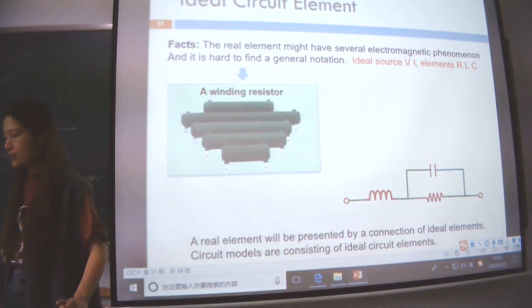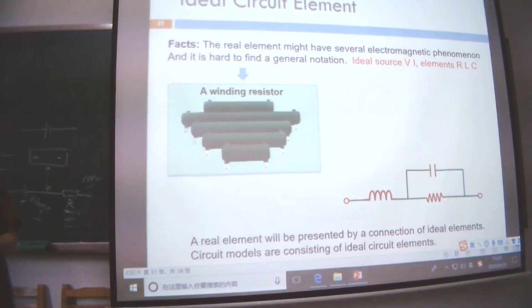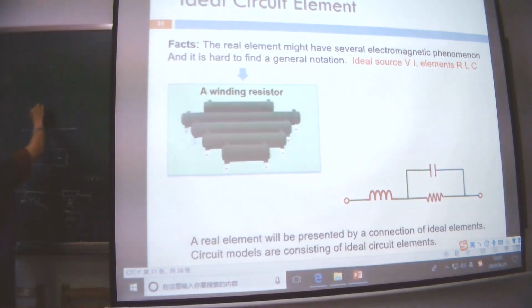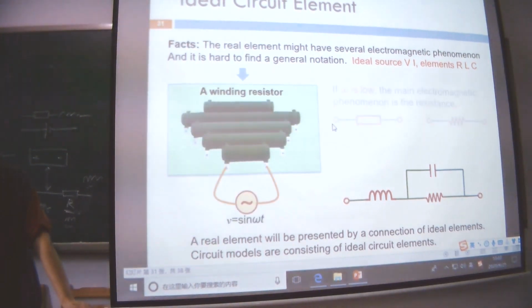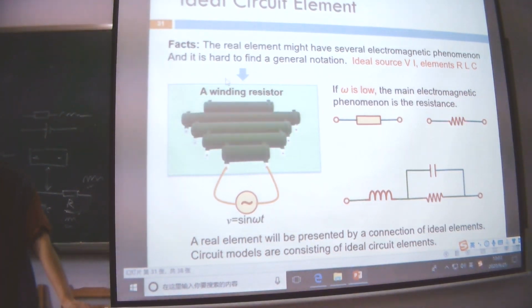Understand? So for real elements, if we put them inside the circuit model, it becomes like this, or like this. Here I show an example. This one is a winding resistance in real-life practice.